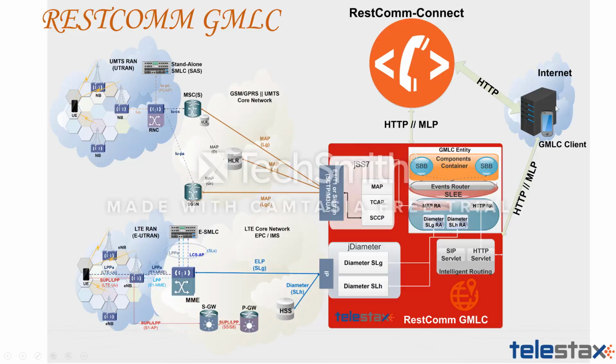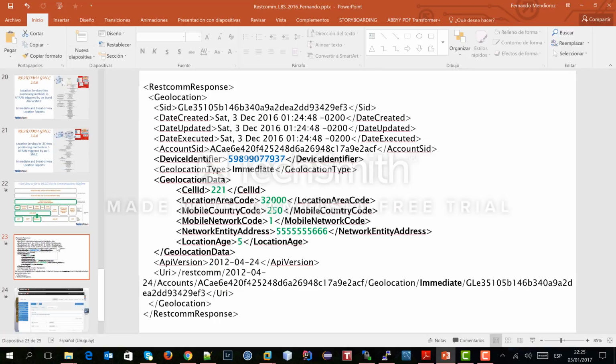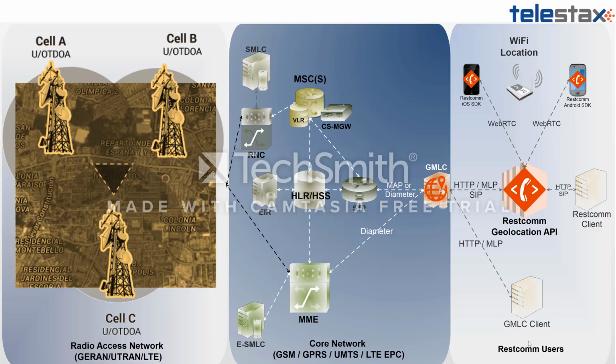We will also see the same with a GMLC client. Actually, I will use a browser to trigger a MAP Any Time Interrogation from the GMLC to the HLR. The HLR here, as you can see, is being simulated by the JSS7 simulator. Okay, so let's go to this slide here.